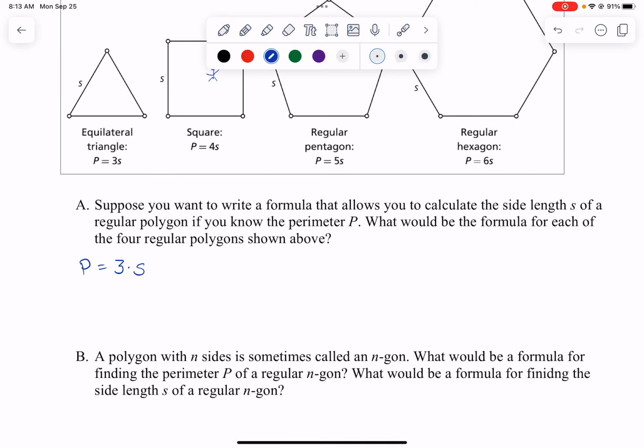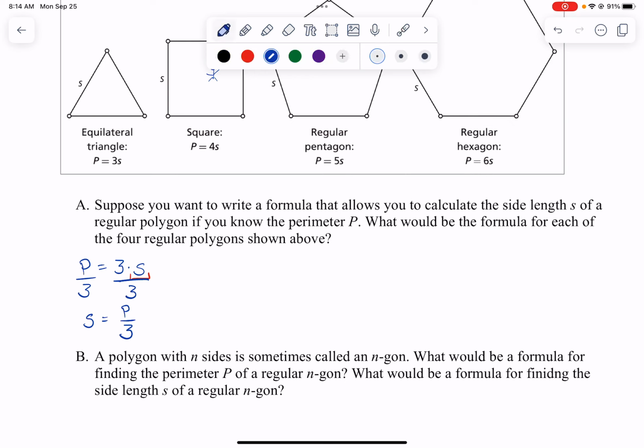So what we can do is use our rules for solving, and I want to solve this for S. Right now, S is being multiplied by 3. The opposite of multiply is divide, so I'm going to divide both sides by 3. So for an equilateral triangle, my equation would be S equals P divided by 3. So if I know the perimeter, I can plug the perimeter in there, and it can tell me the length of the side.